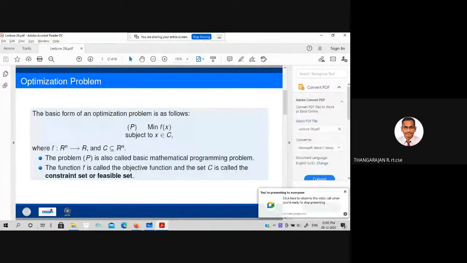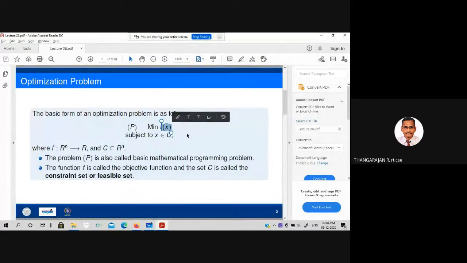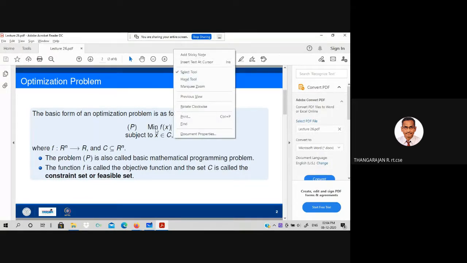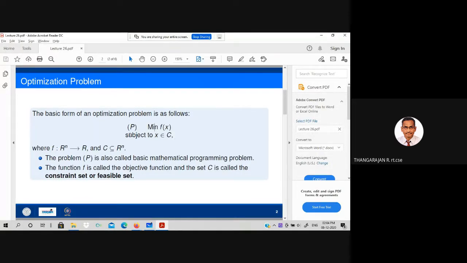So I'll get to the next problem, that is the optimization problem. Optimization is again another important topic in machine learning. In optimization, we are given a function f of x, and our job is to either minimize f of x subject to some constraints, or maximize f of x subject to certain constraints.